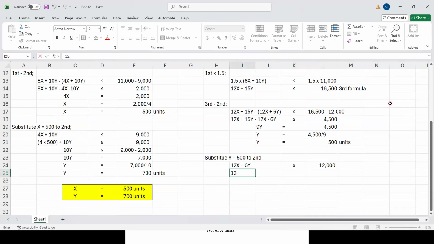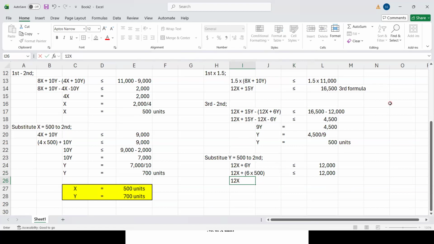So 12x plus 6 into 500 equal or less than 12,000. So here 12x plus how much?